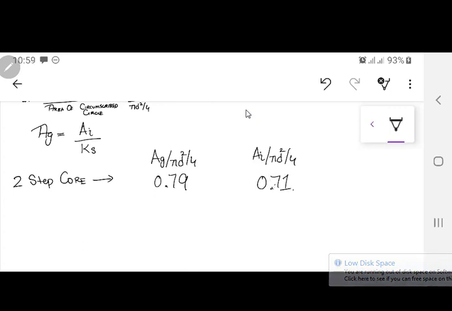Now this has been deduced. The point I want to explain again from the last lecture is how this 0.71 and 0.79 are calculated. Your AI or A net was based on some dimensions.